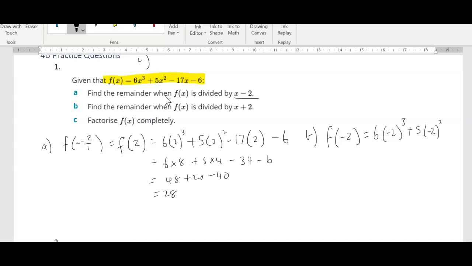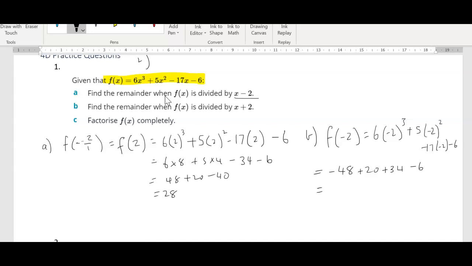No, I'm going to run out of room. -2 cubed is -8. 6 times -8 is -48. -2 squared is +4, so we're going to have plus 20. -17 times -2 is +34, minus 6.